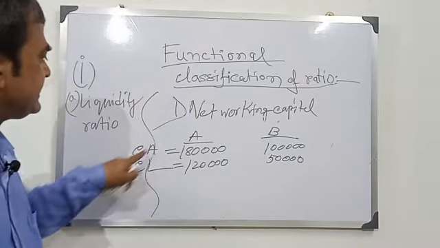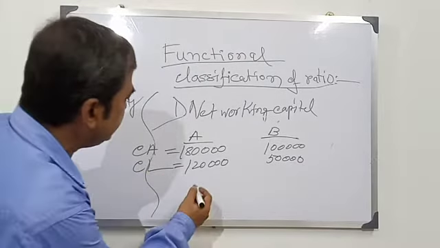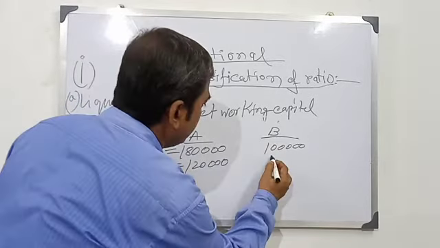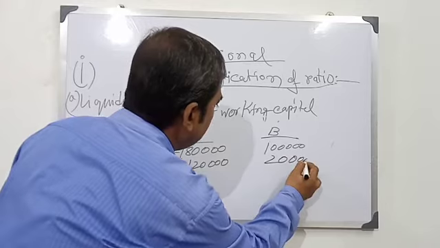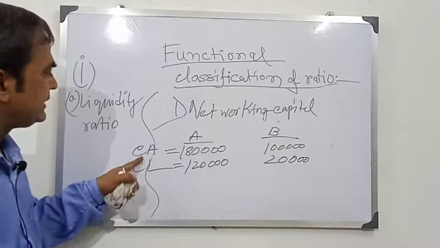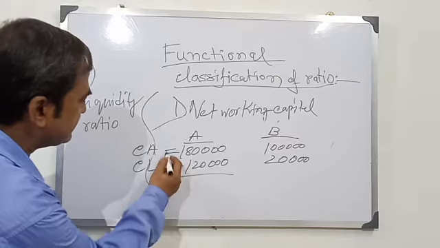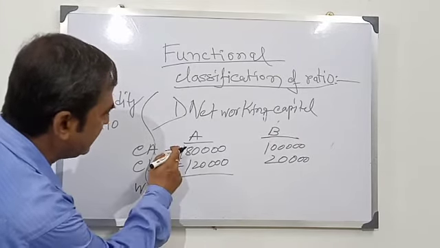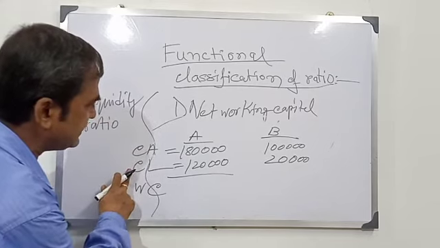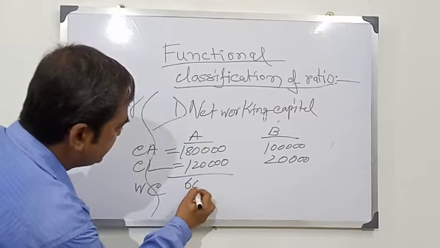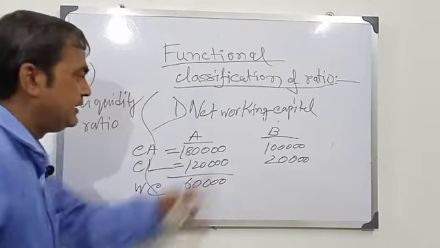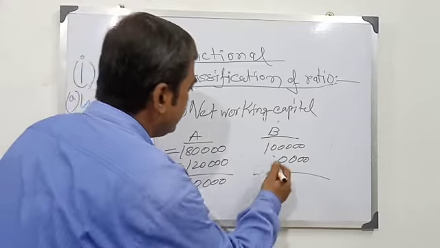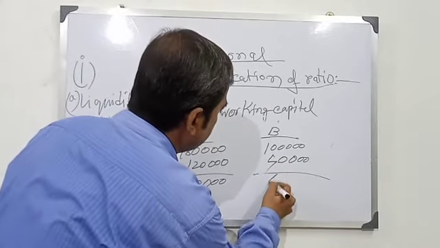Working capital is current asset minus current liability. So for Farm A it becomes 60,000, and for Farm B it becomes 50,000.